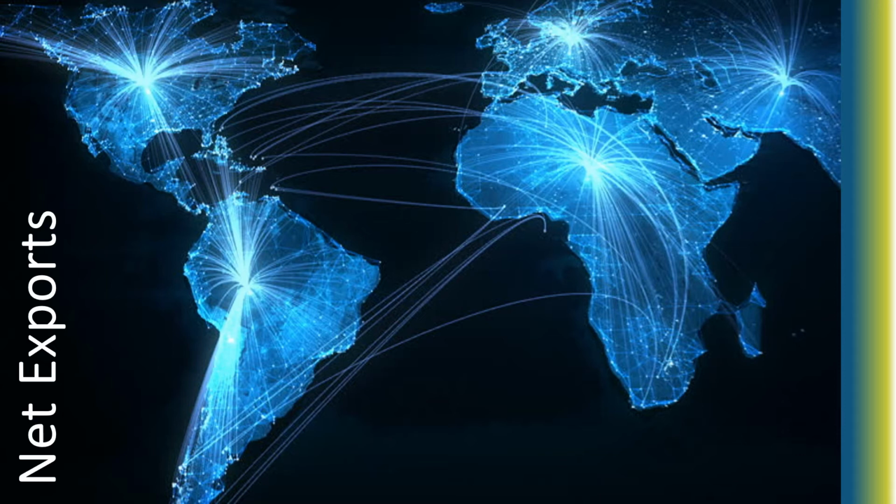Imports are anything that were produced somewhere else, but then sold here domestically, sold within our country. So net exports are exports minus imports. Net exports are the amount of goods that we produce here but then sell somewhere else, minus the amount of goods that we buy here that were actually made somewhere else.